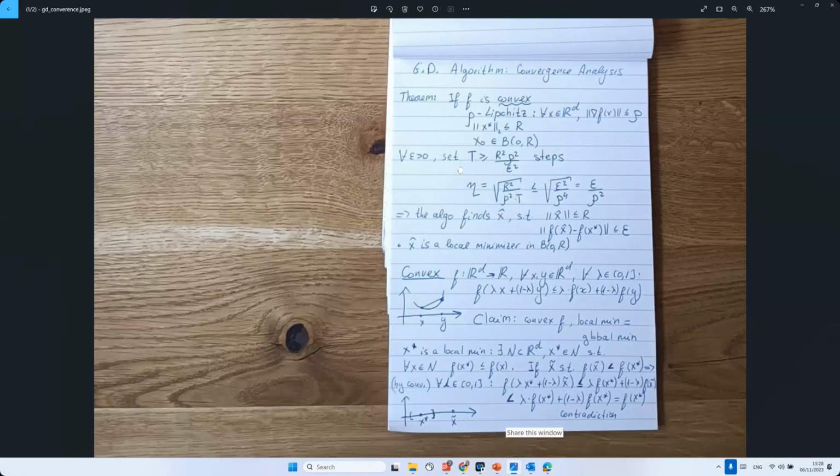So for any scalar lambda, if we take some point between X star and X tilde, this is the point lambda times X star plus 1 minus lambda times X tilde, and we measure the value of F at this point, it should be bounded by lambda times F of X star plus 1 minus lambda times F of X tilde. This is just by the definition of convexity.